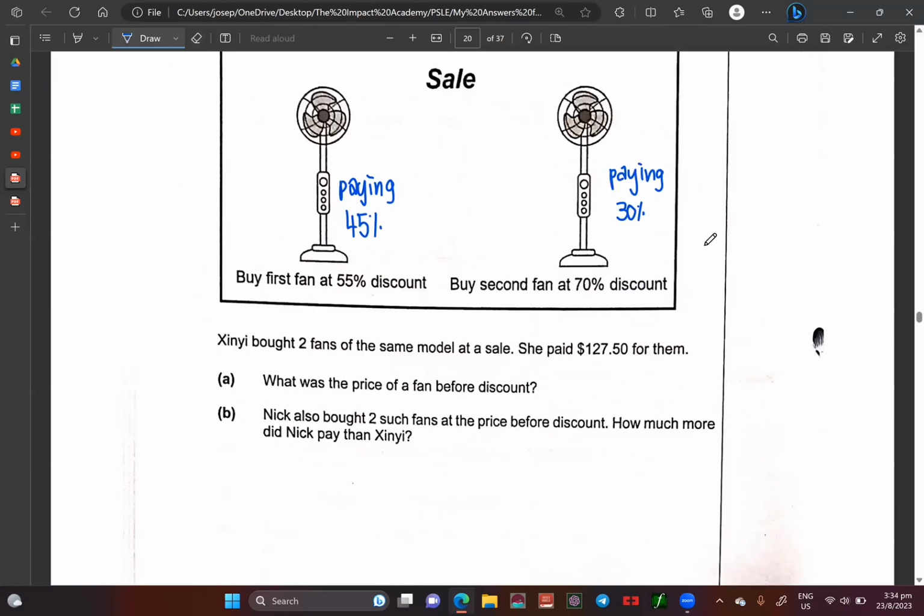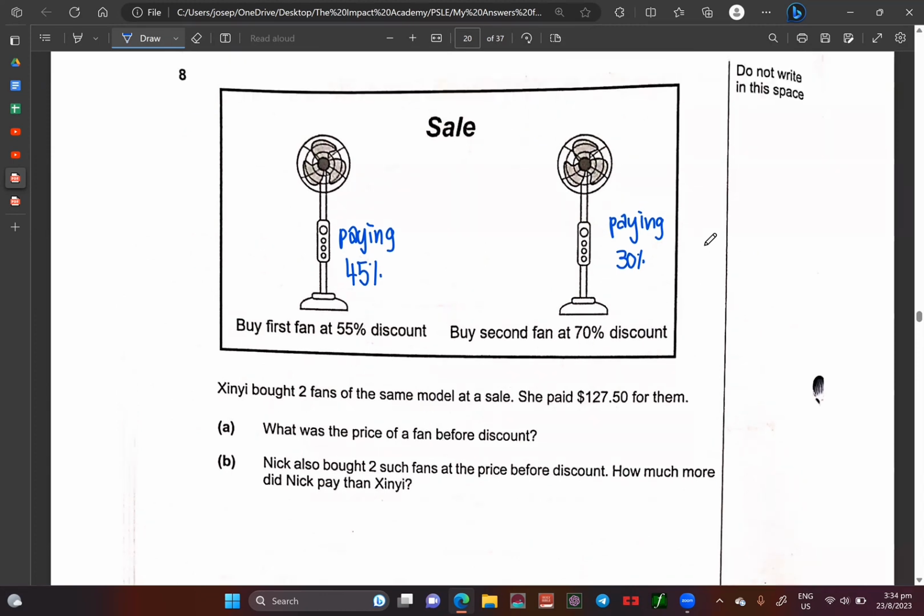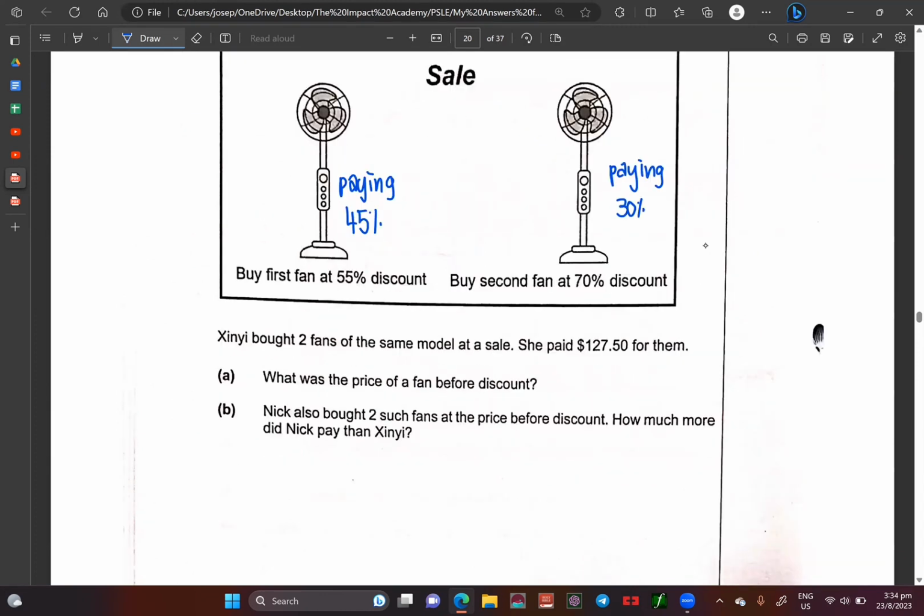So Xingyi said, hey, I'm going to buy 2 fans of the same model, which means these two, and she paid $127.50. Now this $127.50 is simply the amount after discount.